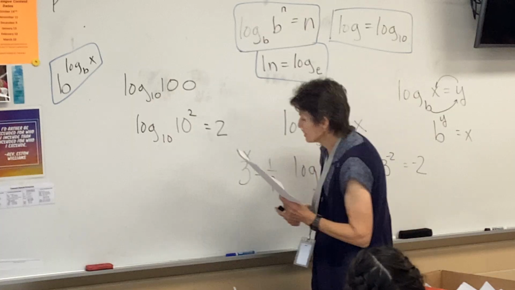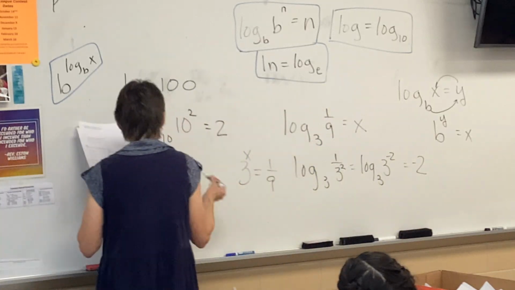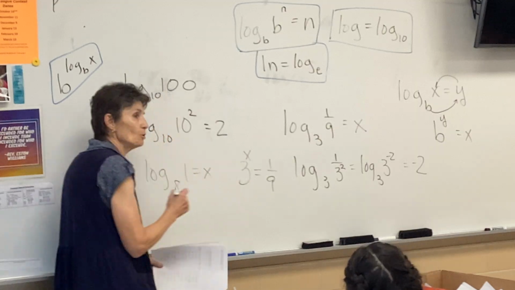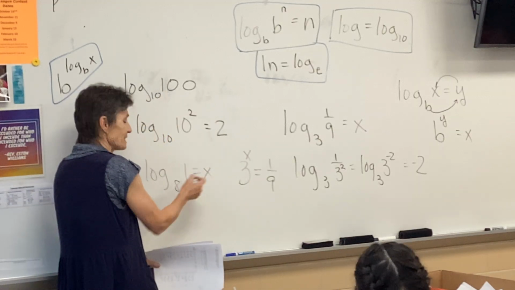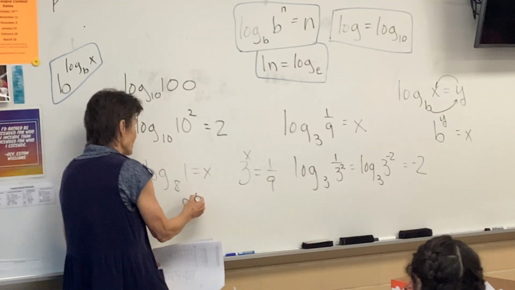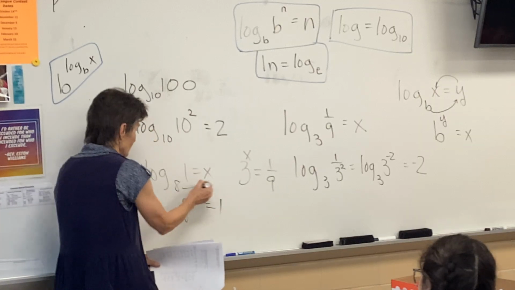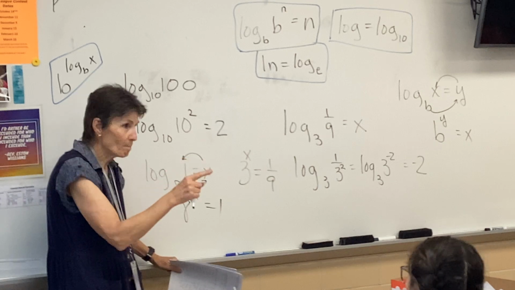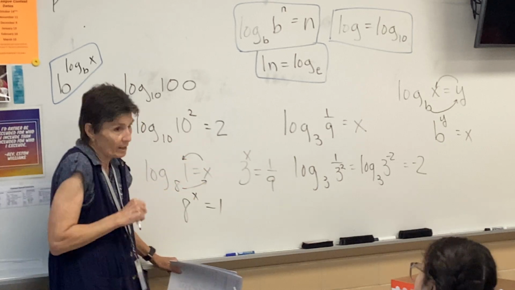Here's the deal. We want to know what this is equal to. 8 to what power will give you 1? There's only one number that you can raise 8 to and get 1, and that's 0.